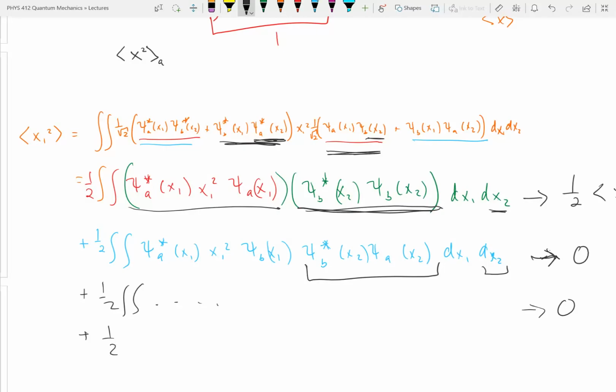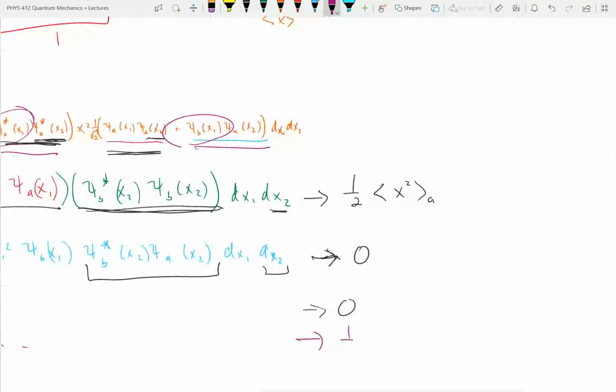The last one's going to be combining magenta, this with this. Look, I have 2 lines under each of them because, well, that's how it works out. And so that one is going to have the B's in x1, and hence the expectation value of x squared for state B.